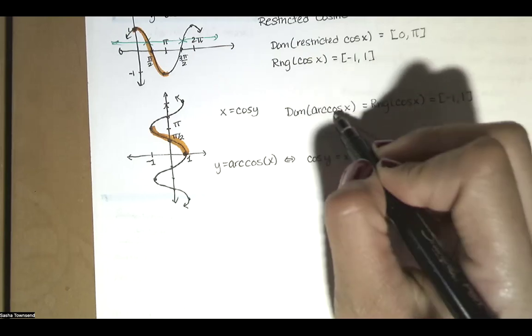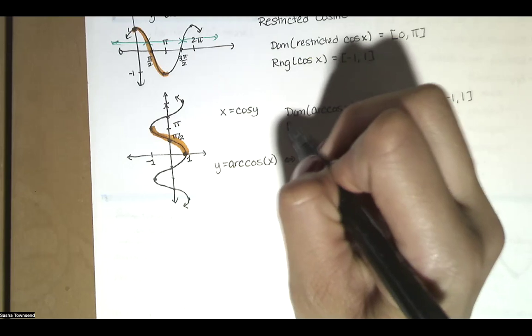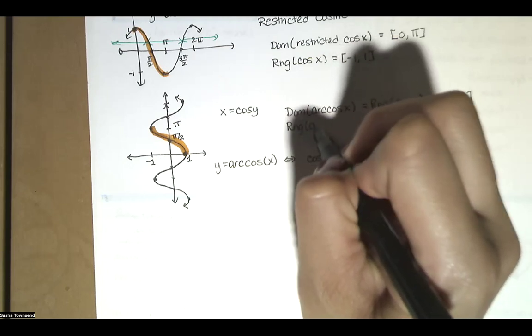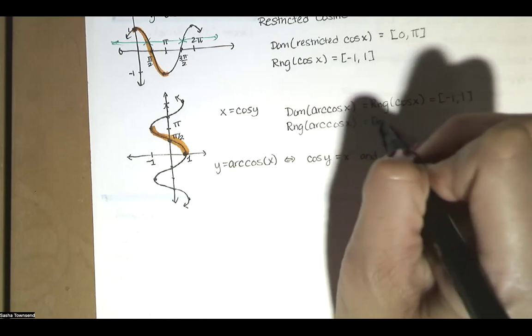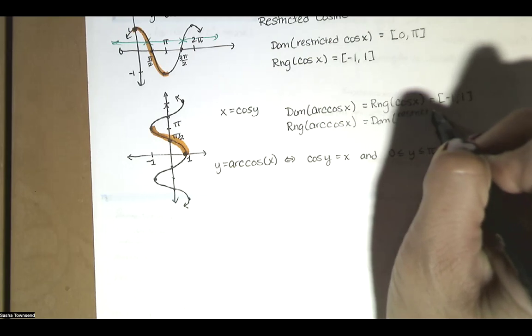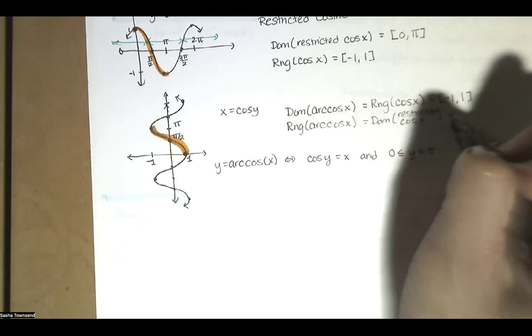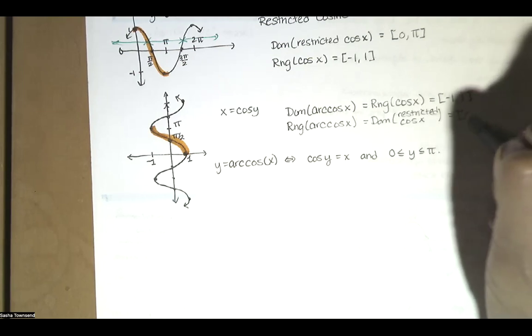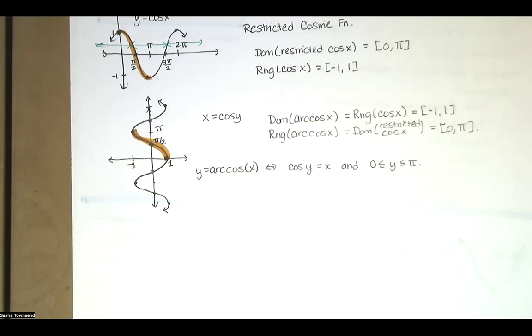So the domain of the arc cosine graph is the range of the cosine graph, which was -1 to 1. And the range of the arc cosine graph is the domain of that restricted cosine graph. And it's mathematical convention to take the restriction for cosine of 0 to pi. So that's our function.